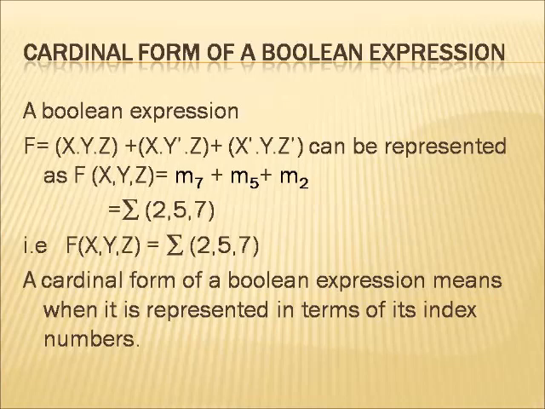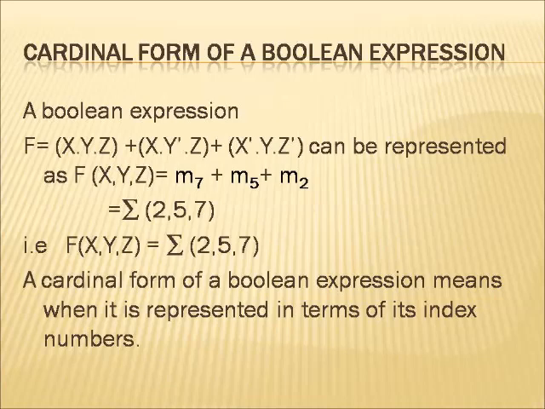Okay, now we are going to see the cardinal representation of a Boolean expression. Now f is given as f is equal to x dot y dot z plus x dot y bar dot z plus x bar dot y dot z bar, right? I hope you have listened to the explanation about the minterm and maxterm using the table information.